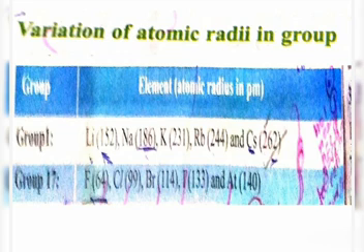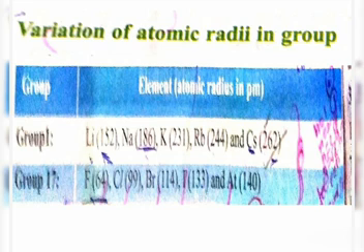Is it increasing? Yes. Sodium requires 3 shells; measure the distance from the center of the nucleus to the last shell. Is the distance increasing? Yes. Potassium requires 4 shells; measure the distance from the center of the nucleus to the last shell. Is it increasing?